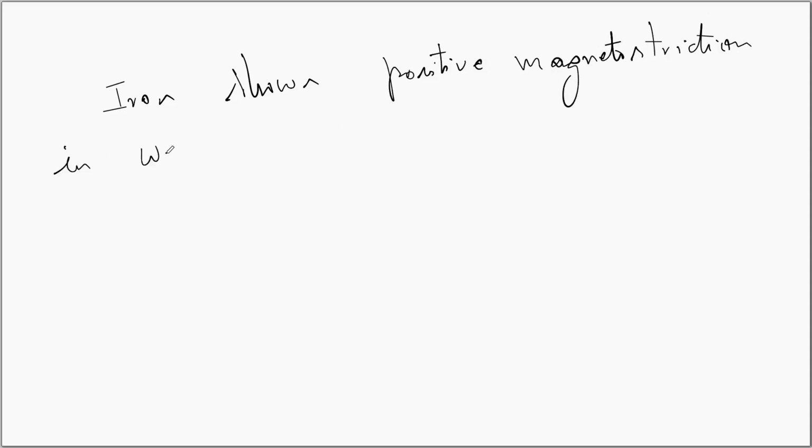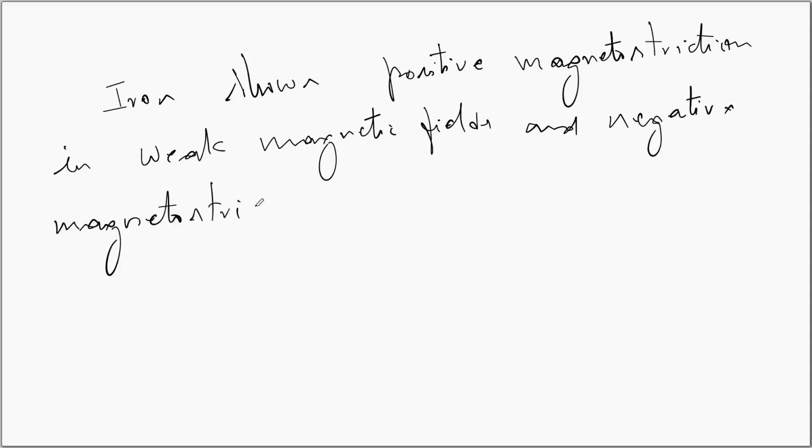magnetic field. Materials showing negative magnetostriction contract when they are exposed to an external magnetic field. One interesting aspect about iron is that iron shows positive magnetostriction in weak magnetic fields and negative magnetostriction in strong magnetic fields.